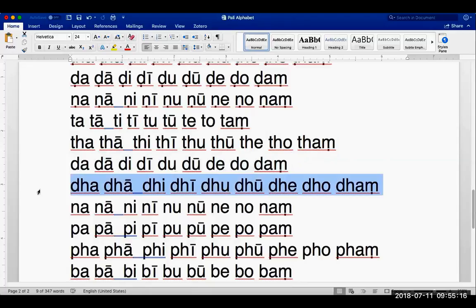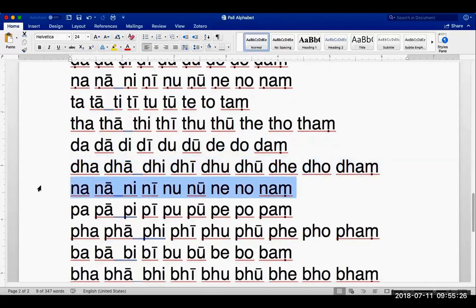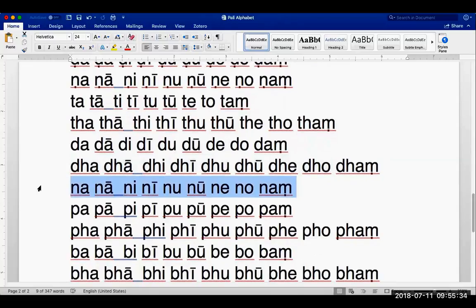Dha, dha, dhi, dhi, dhu, dhu, dhe, dho, dhang. Na, na, ni, ni, nu, nu, ne, no, nang.